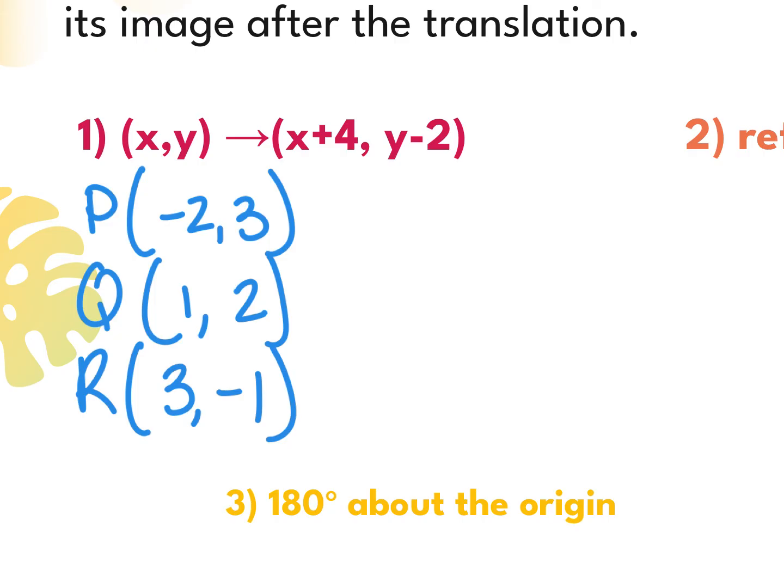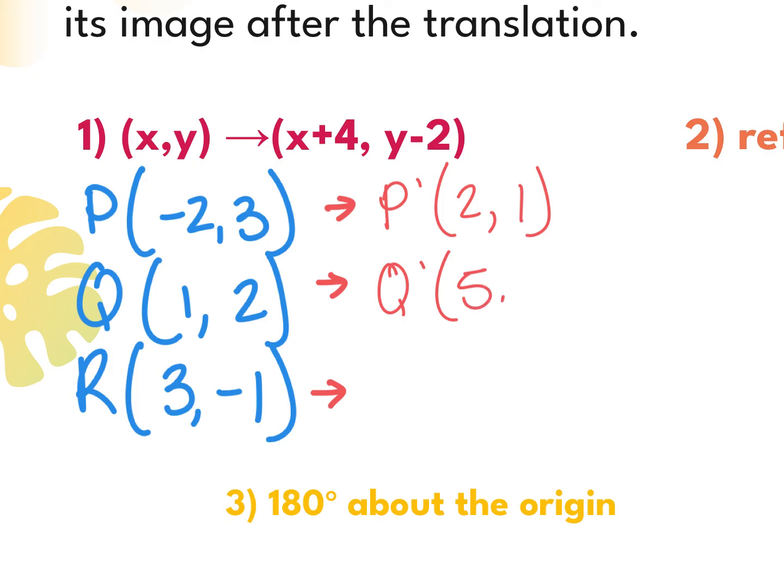Using the rule they gave us, I'm just adding 4 and subtracting 2 for my y. Same thing for my Q, following the rule. And R is (7, -3).